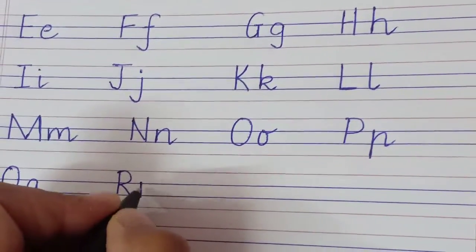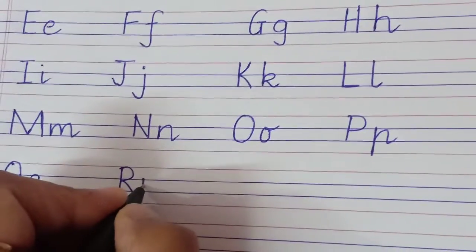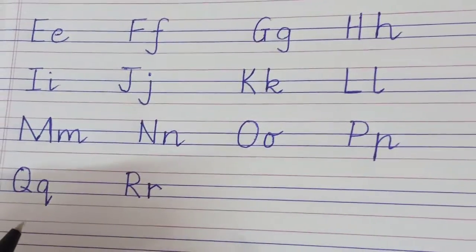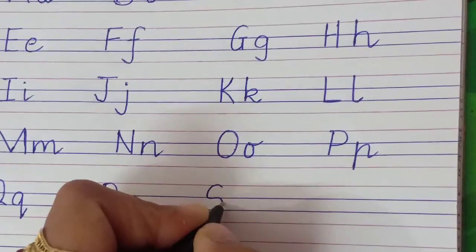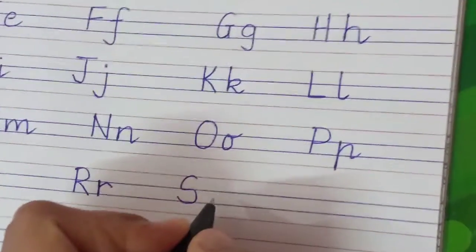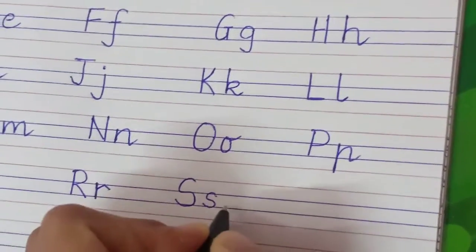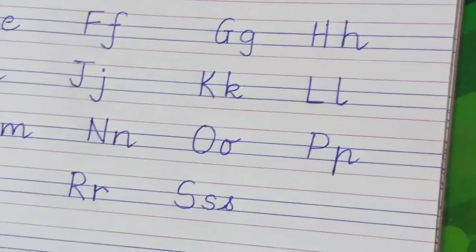First you will write a line like this down, then a line to this and like this. Okay. Capital S is written like this and small s is written like this and like this. Okay.